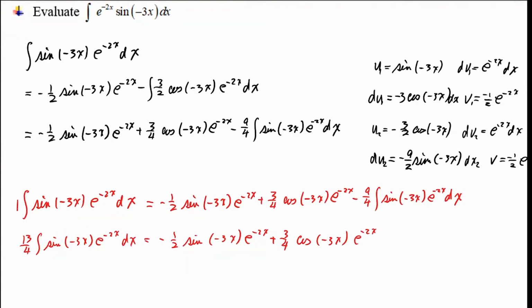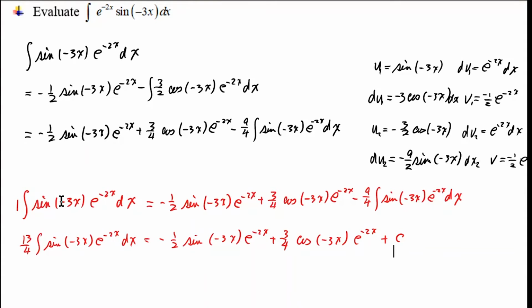What just happened here? We figured out what this integral is equal to. Okay, let's not forget c. Whoa! All we have to do is multiply both sides by 4/13, eh? Dang, huh?